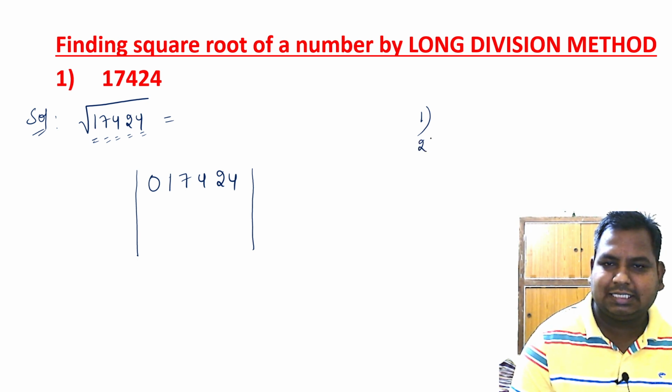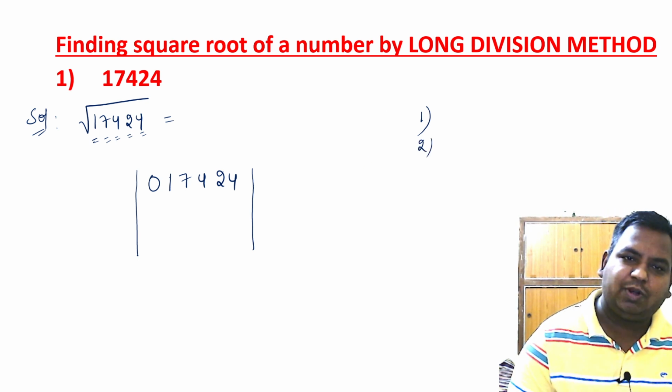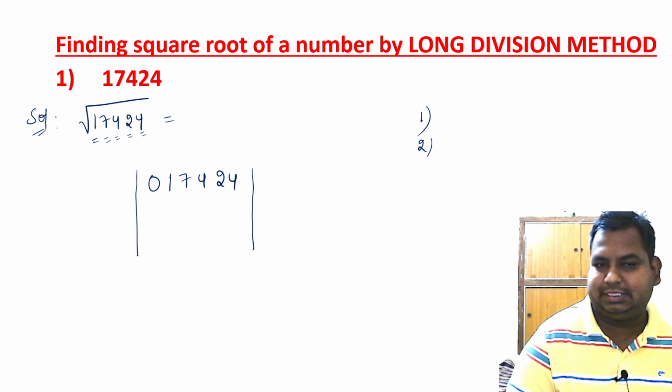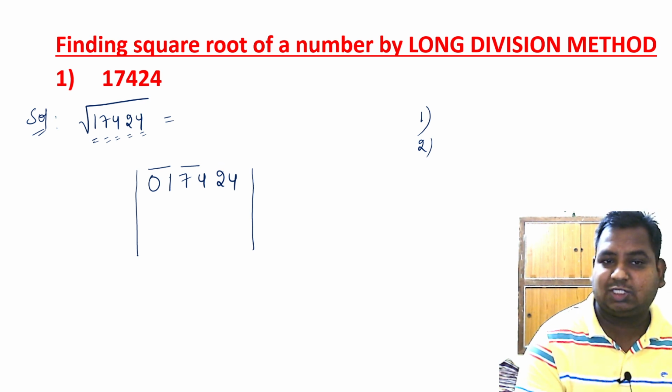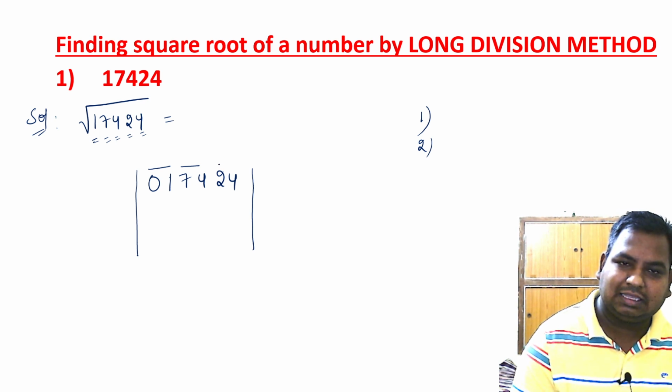You need to put a bar on every two digits. First 2 digits, bar. Second 2 digits, bar. Third, like first pair bar, second pair bar, and third pair bar.